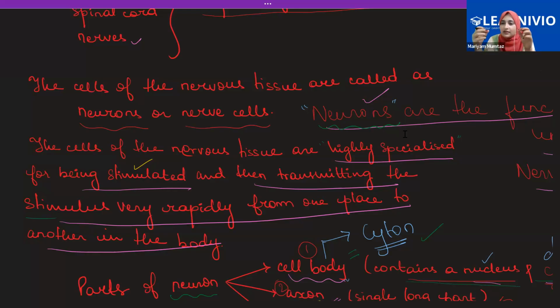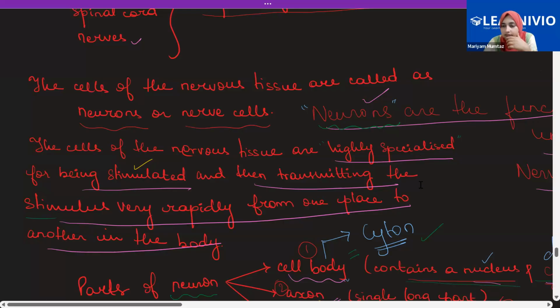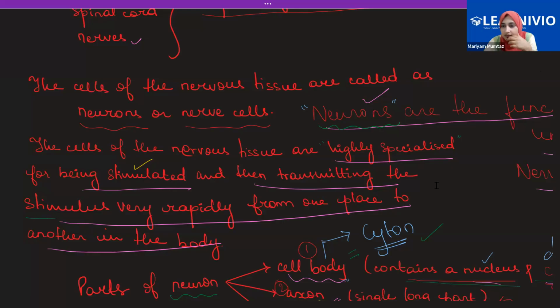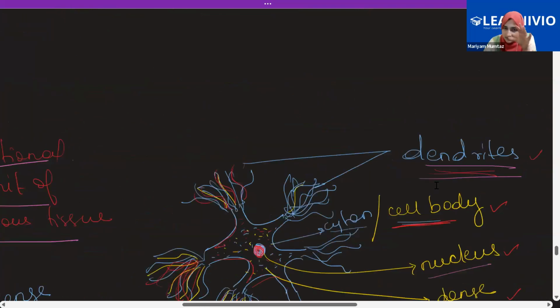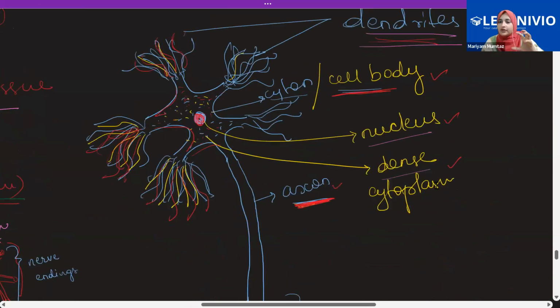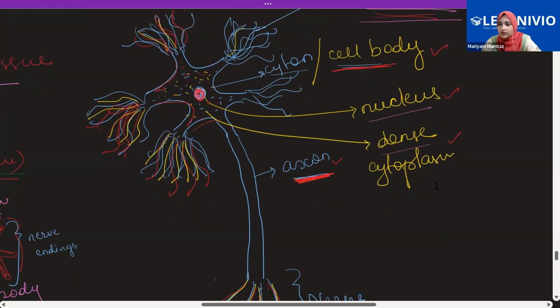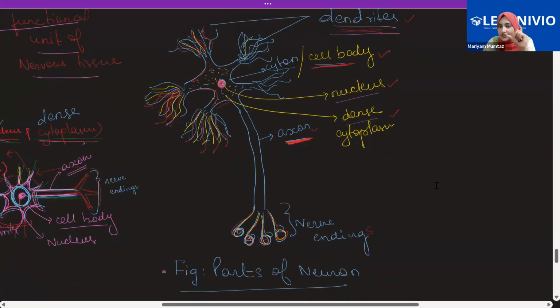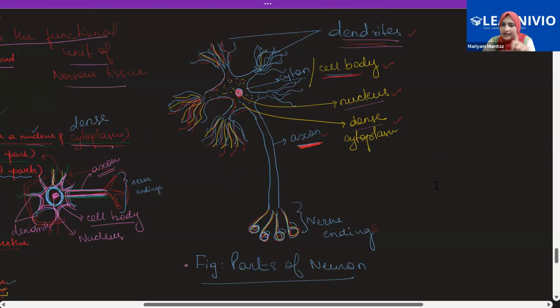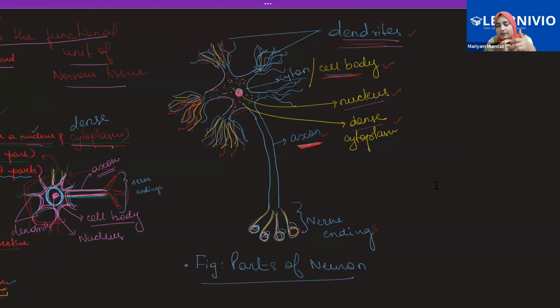Neurons group together to form the nervous tissue. This is one component of it, a very basic component. When millions of these neurons are present, then the nervous tissue will be formed. Clear?